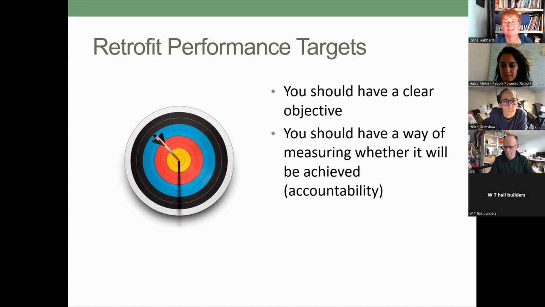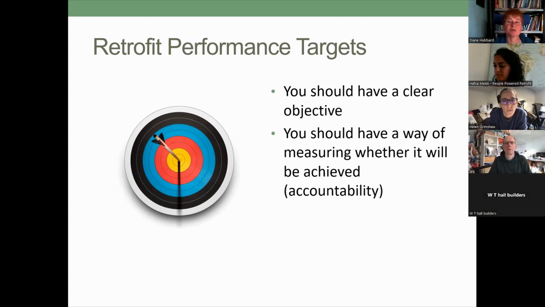So whatever standard you're looking at trying to improve your home to, be really clear about what you're trying to do. You need to personally be really clear about what the objectives are, and also verify whether you've got there, or whether you're going to get there, because that will give you a sense of satisfaction, but it also provides accountability to whoever is supporting you.